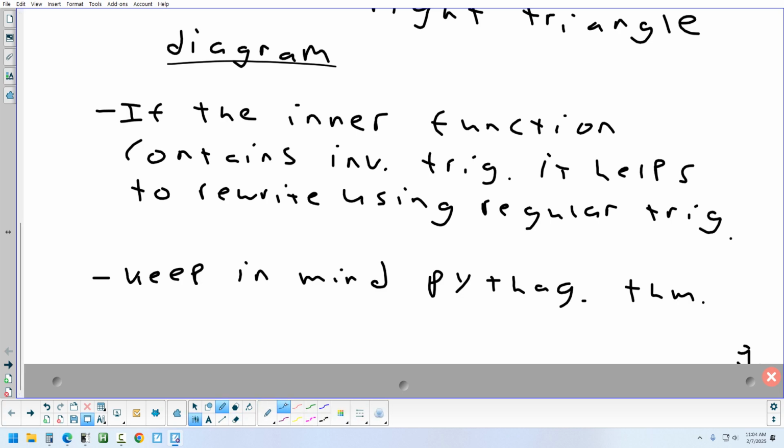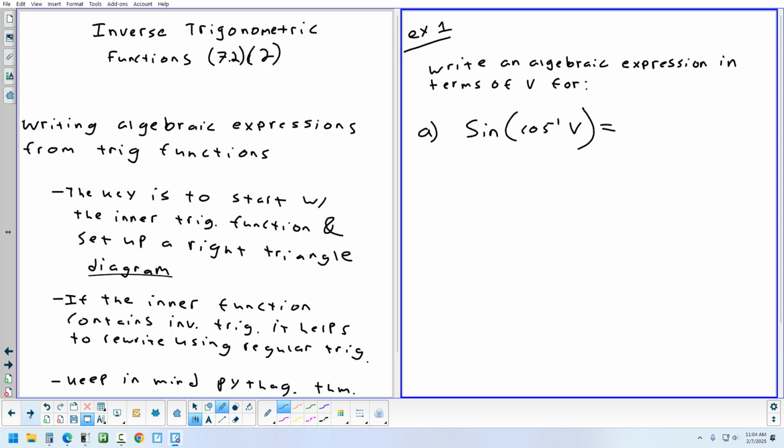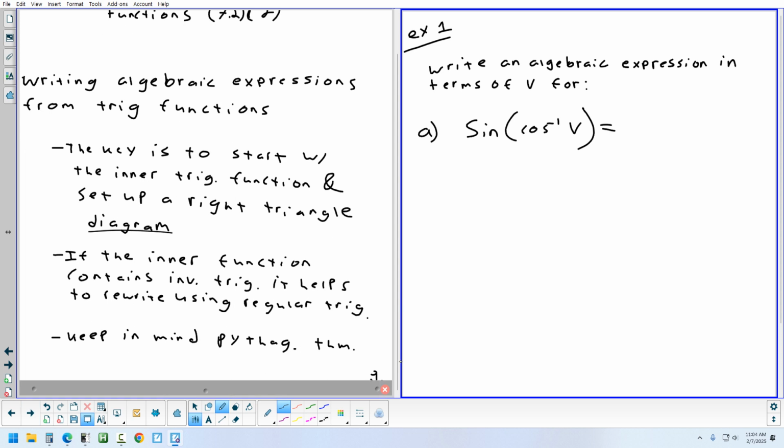Okay, so the nice thing about this process is it's exactly the same every single time. It just takes going through it once or twice to maybe understand what's happening. So let's take a look at this one. It says write an algebraic expression for that equation.